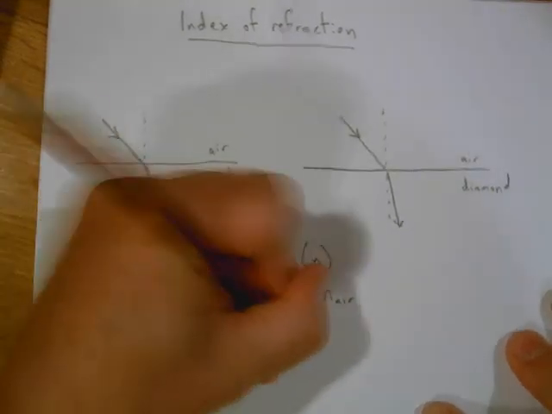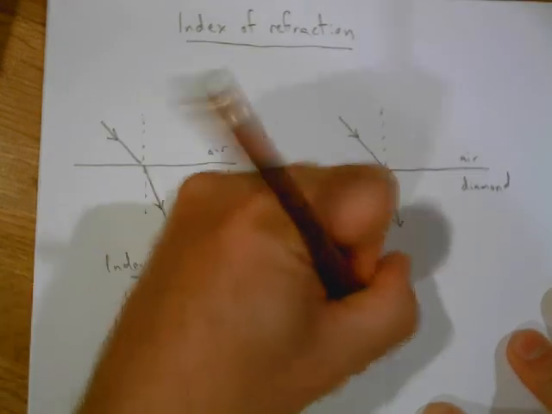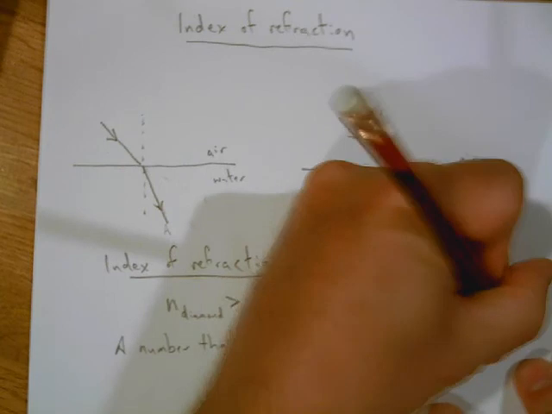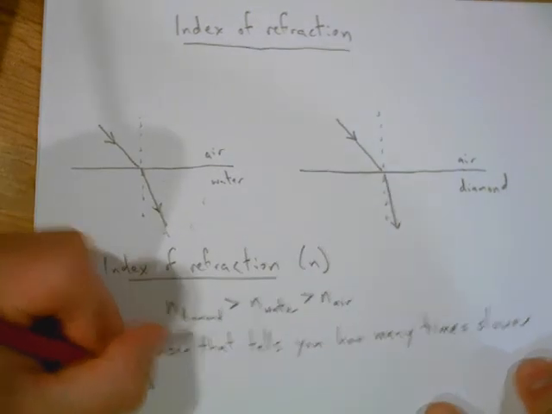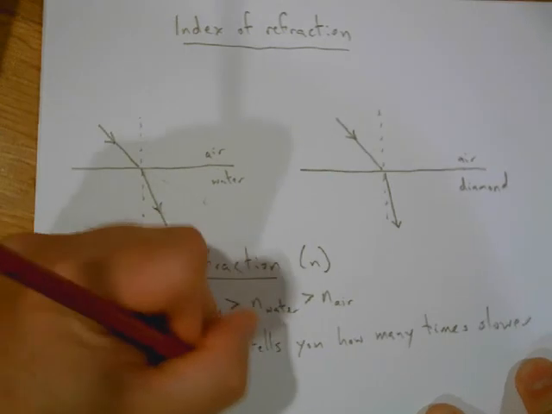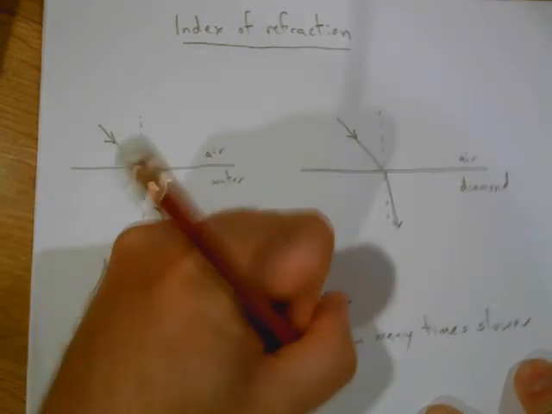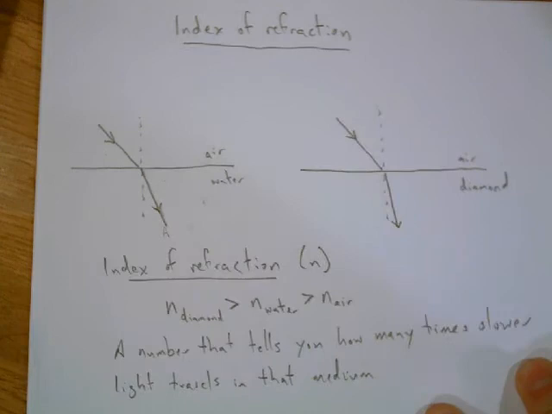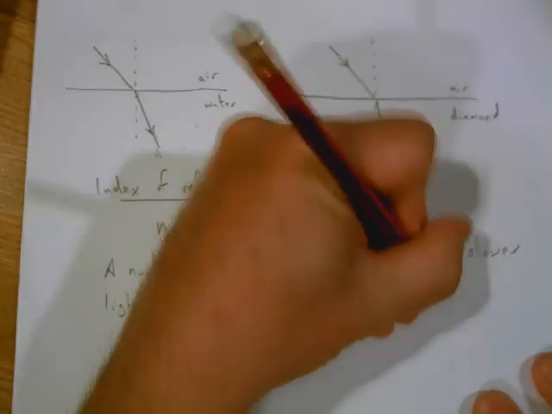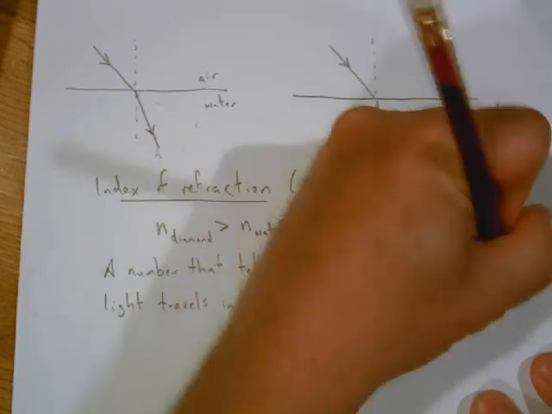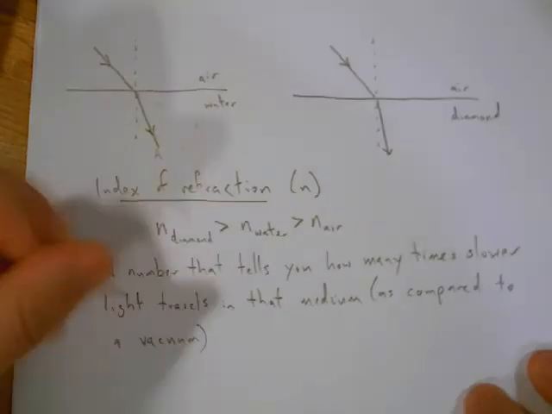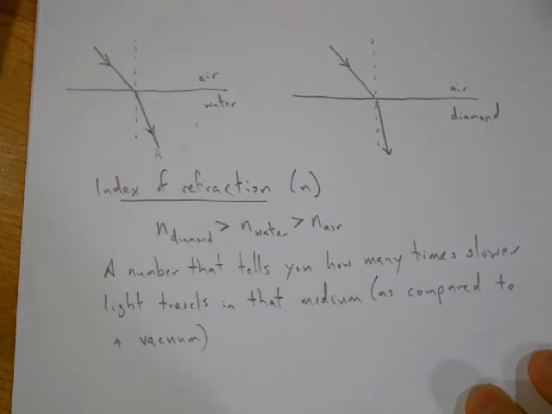that tells you how many times slower light travels in that medium or that substance, as compared to how fast light travels in a vacuum.